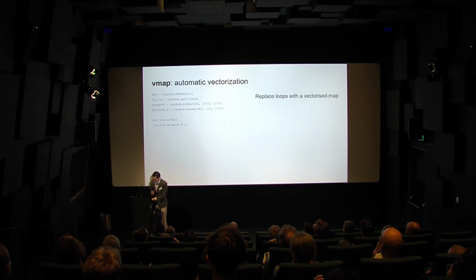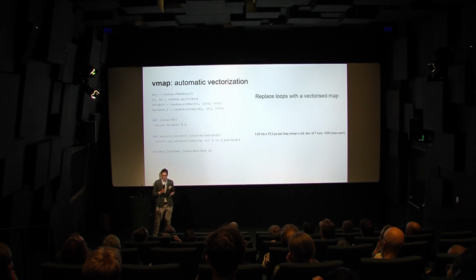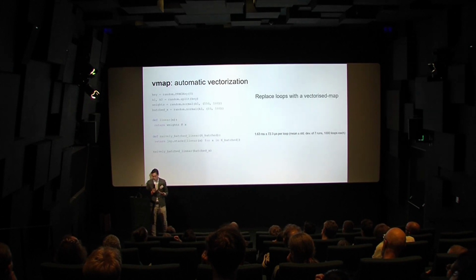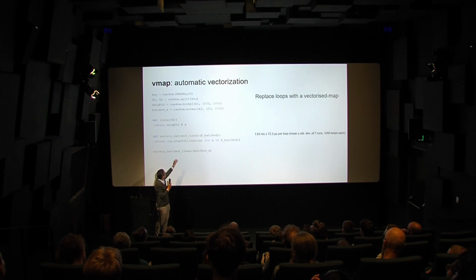If you would very naively write this batched version, where you do this multiplication for each batch, you would, for example, write a loop like here. This is a list comprehension where we take out the element of the batch, apply it to this function, and then stack the results along the first axis.